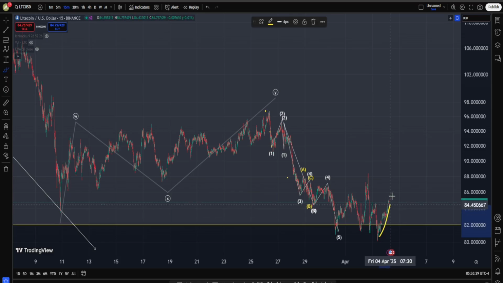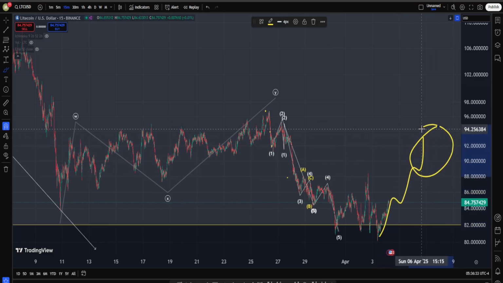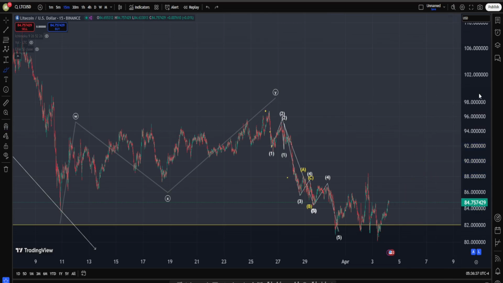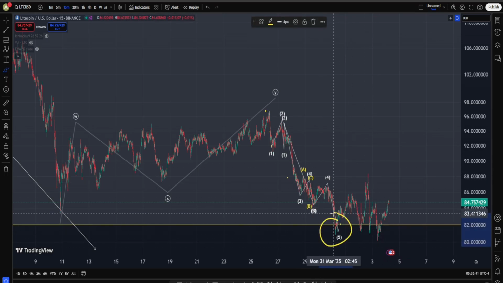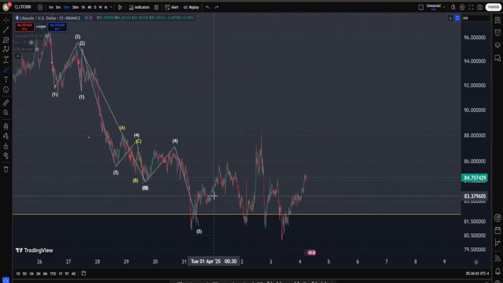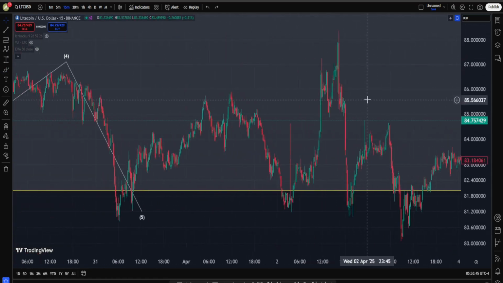All I have to say in this update is this. In case we see something like this in Litecoin, a solid move on the upside right in here, we shouldn't be overwhelmingly optimistic. Why is that? Because I think we should consider the possibility of starting from this point having an ABC in the form of an expanded flat. Let's zoom in more.